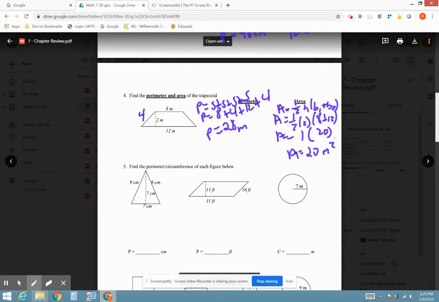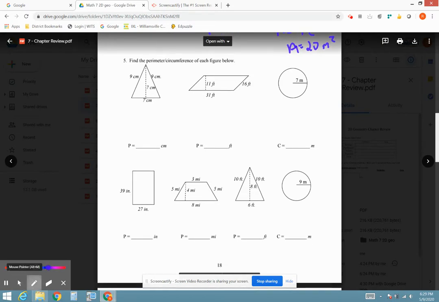Okay, and the only other one we haven't done so far is the circle. So the perimeter of the circle is called circumference. So circumference equals pi times diameter. So if my radius is 7, my diameter is 14. So pi times 14.